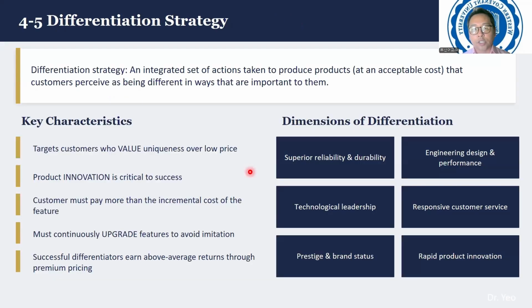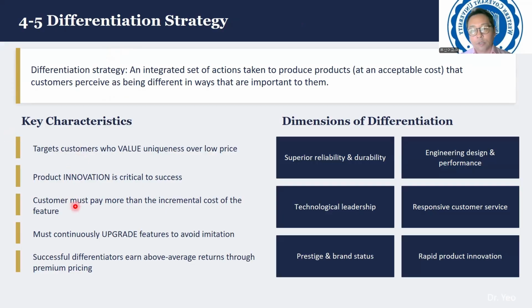Now let's turn to the second major strategy, differentiation. The key word here is perceived: customers must perceive the product as different in ways that matter to them. It's not enough to be objectively different. Customers must value that difference enough to pay a premium.